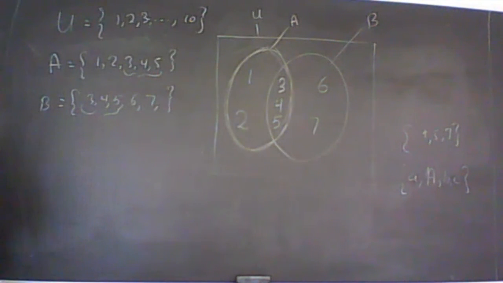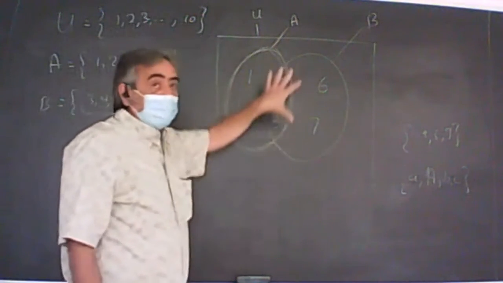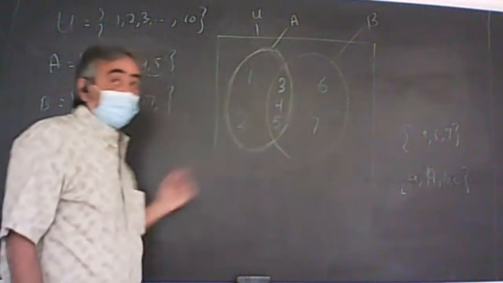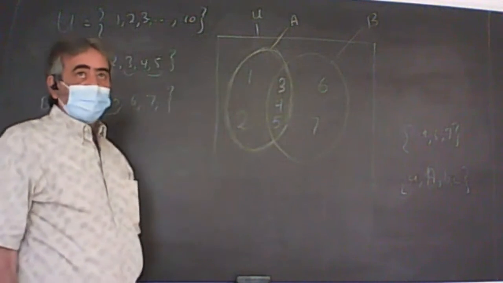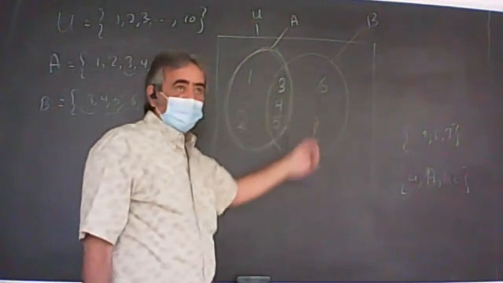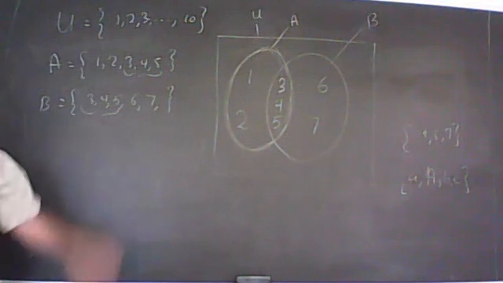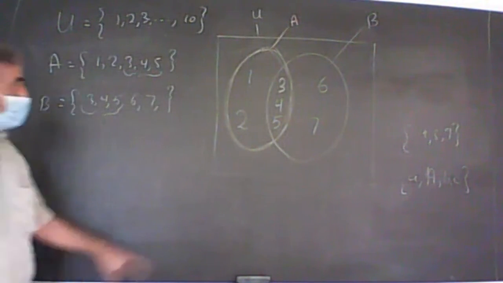Now we're going to go to U, to the set U, right? The set U contains all the numbers from 1 to 10. But I already have within this square, what do I have? We have 1, 2, 3, 4, 5, 6, 7. What are we missing? 8, 9, and 10. So where do they go?